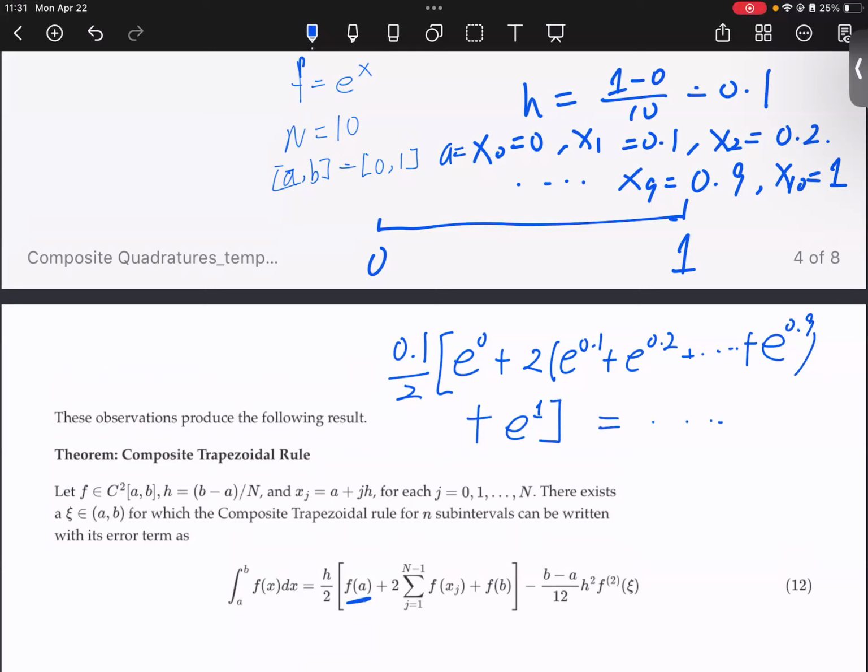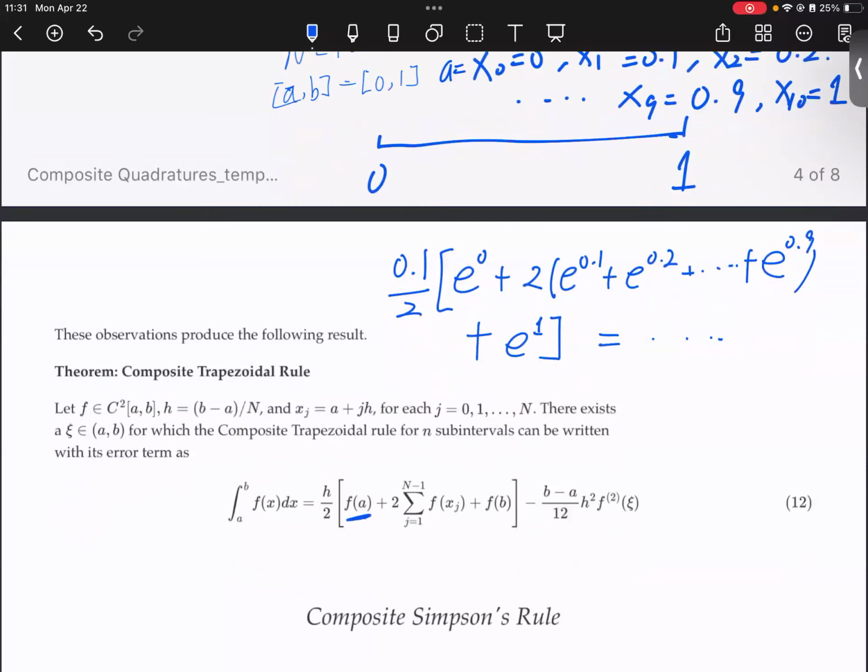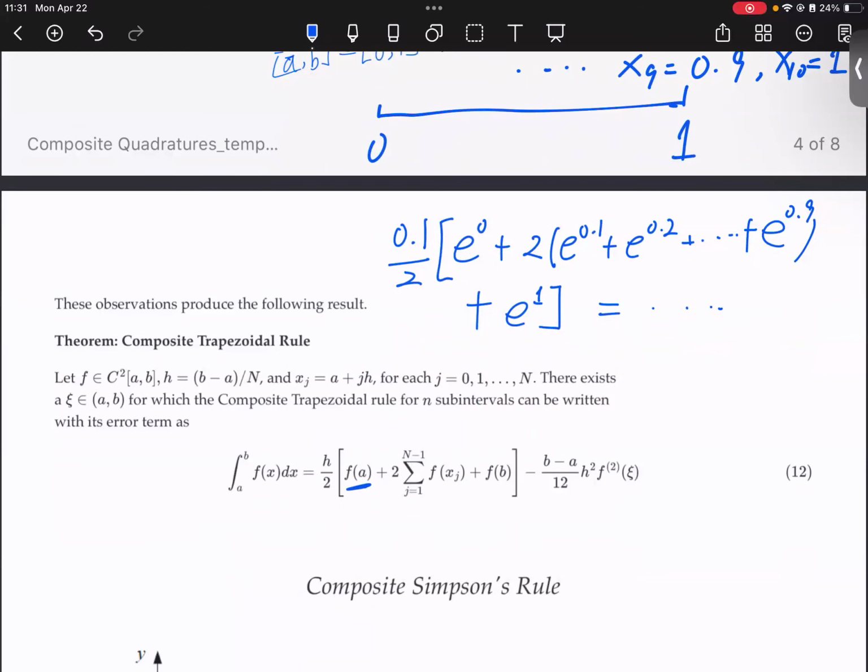And let's compare the composite trapezoidal rule with the simple one. Let's say we use the simple trapezoidal rule to calculate this. What is the difference between this one and the simple one?